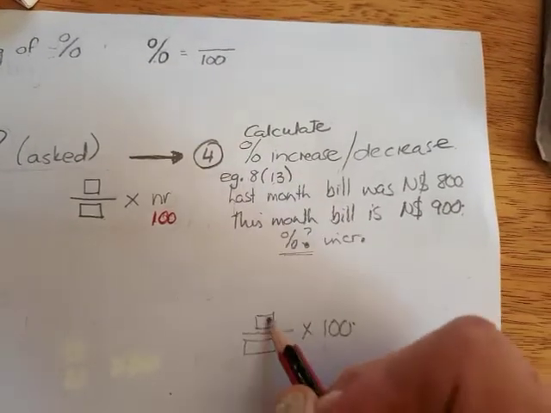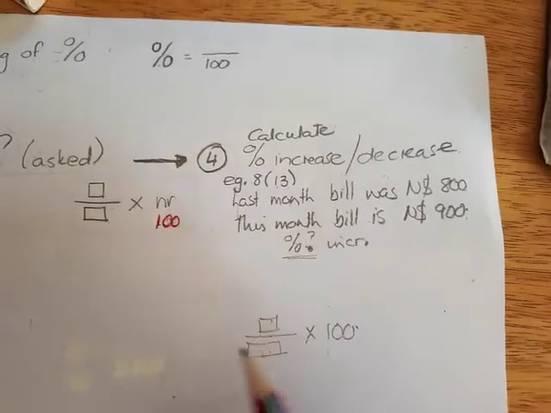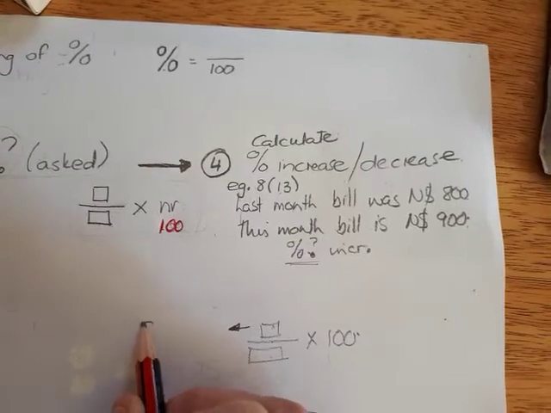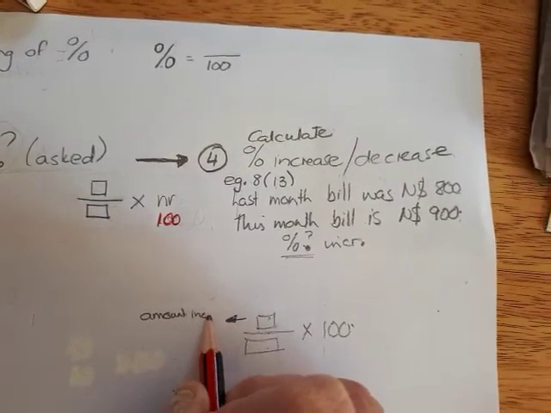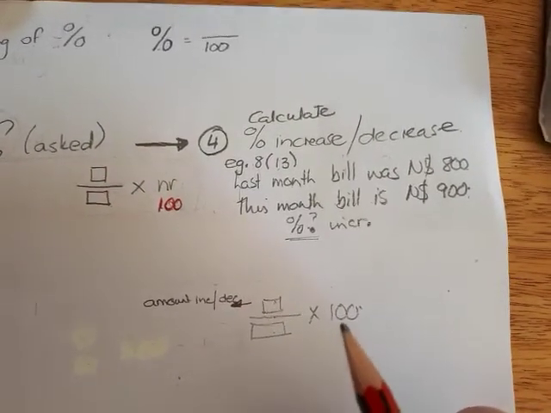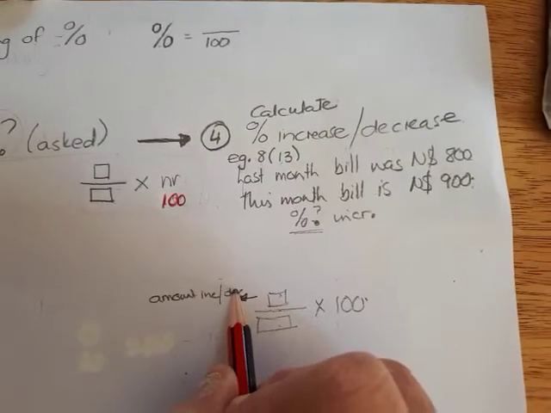But now, how do you find this fraction, people? This is now really, really important. The numerator is always the amount that is increased, or it can also be the amount that's being decreased. So it is the actual number that is increased or decreased.